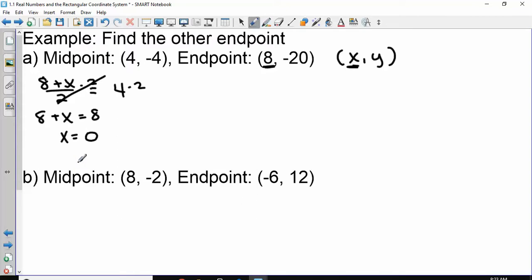Then we do the same thing for the y's. So to find the y value of the midpoint, the formula says you add up the 2 y's from your endpoints, so negative 20 plus y, divide by 2, and what would that one equal? Negative 4, the y value of the middle.